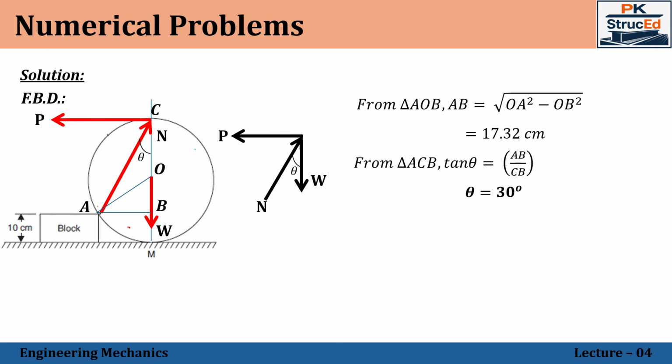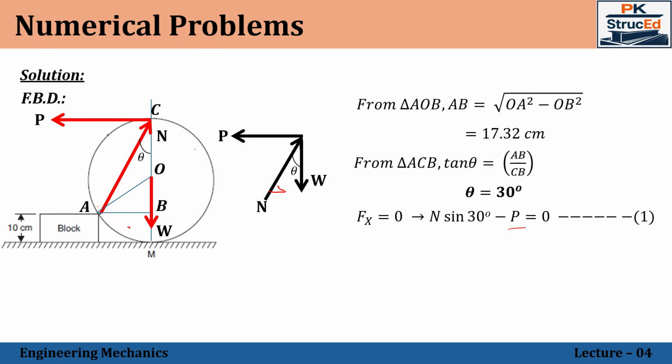So let us write the equilibrium equations. Fx equal to 0: we have P acting horizontally in the left side direction, which will become negative, minus P. And N is an inclined force, which will have components both in the x direction as well as in the y direction.